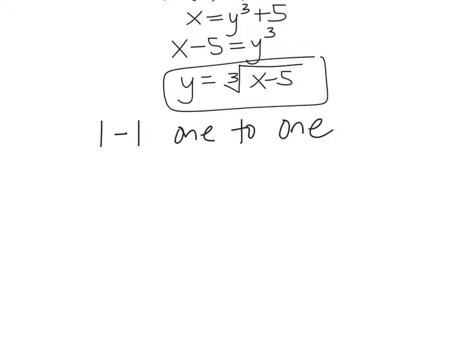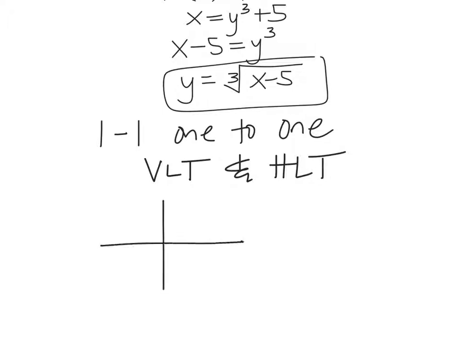So one-to-one functions pass both the vertical line test and the horizontal line test. So not only does every x match to one y, every one y matches to one x. Okay? So for example, a one-to-one function is that line that we just did. That is one-to-one.